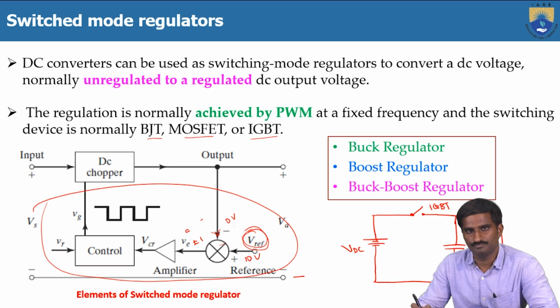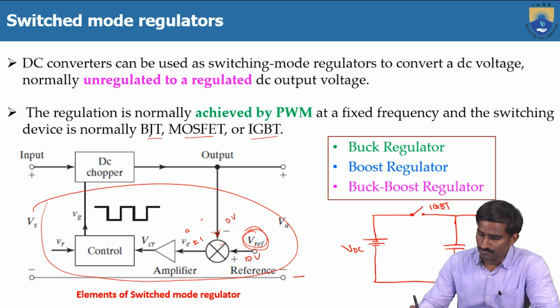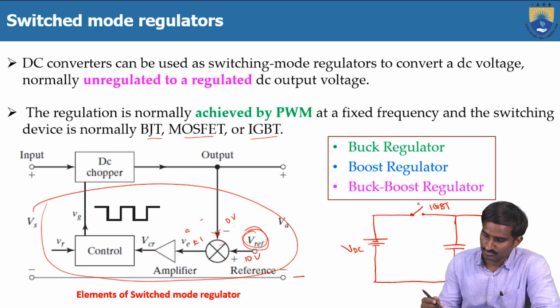This is the circuit. Initially, suppose you turn on the IGBT, or turn on the switch. In case 1, if you turn on the switch 1, whatever supply voltage you applied across this capacitor, the same voltage will appear across this capacitor.